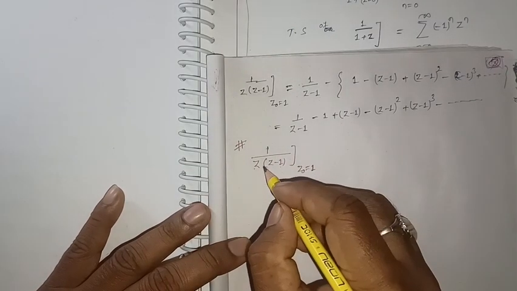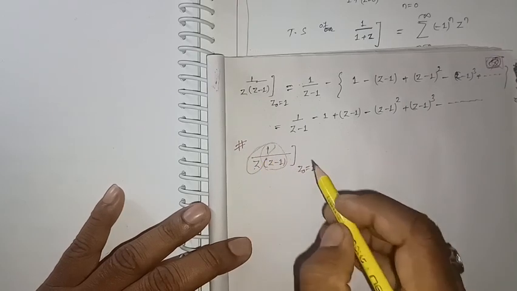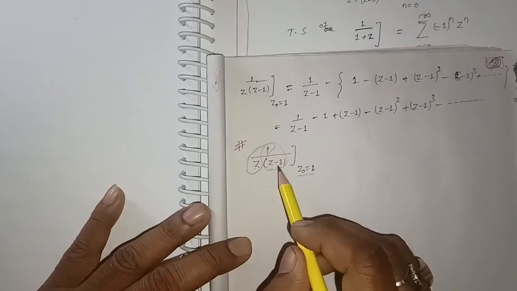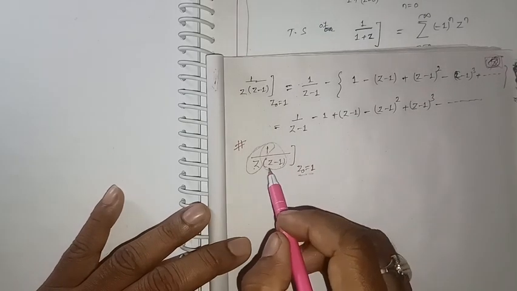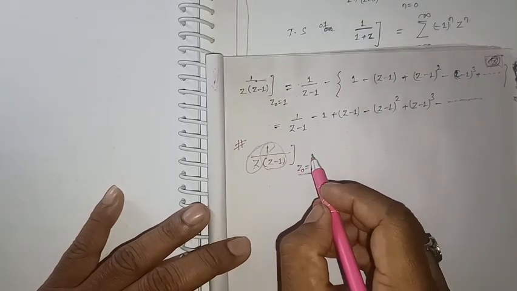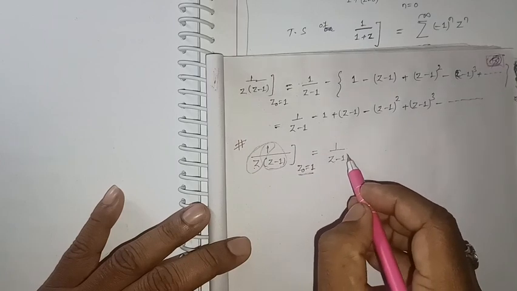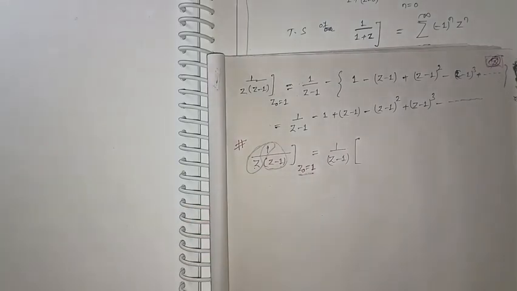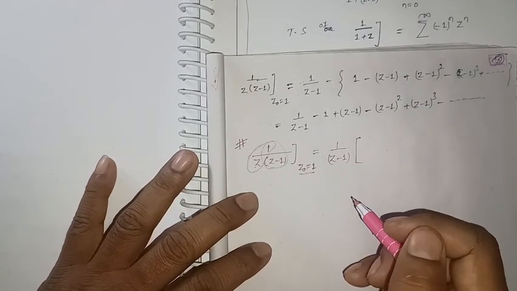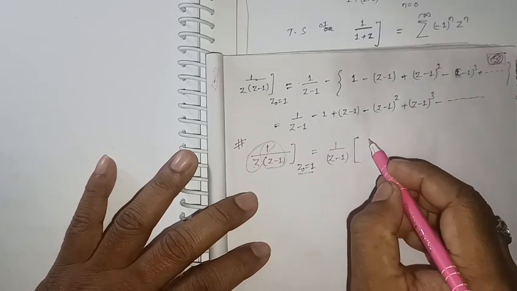For 1 by z minus 1, z0 equal to 1 is the singular point, right? What we have to do here is take 1 by z minus 1 outside, and then you just write the Laurent series or Taylor series of 1 by z.